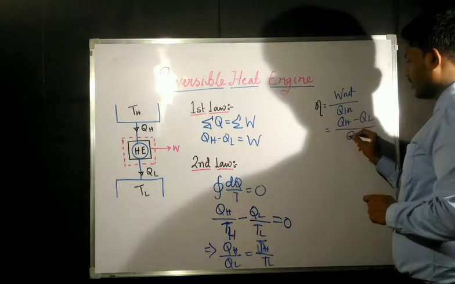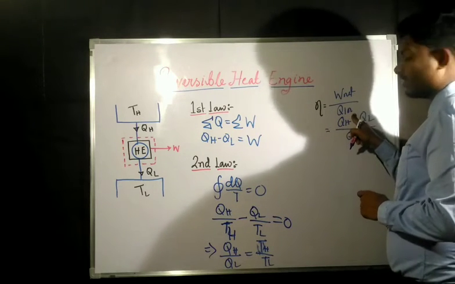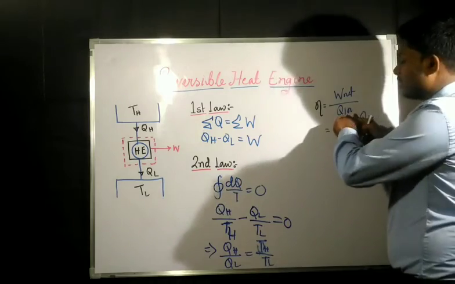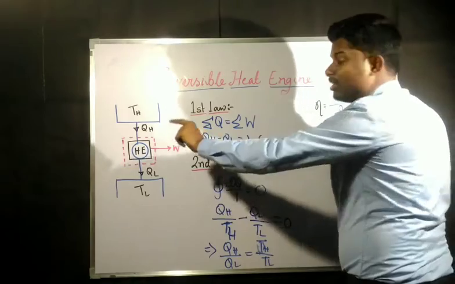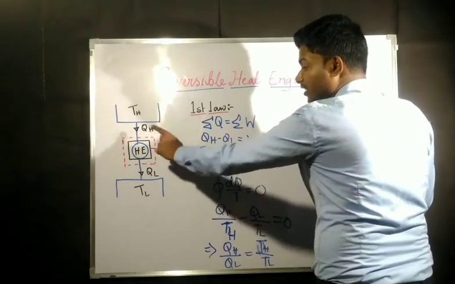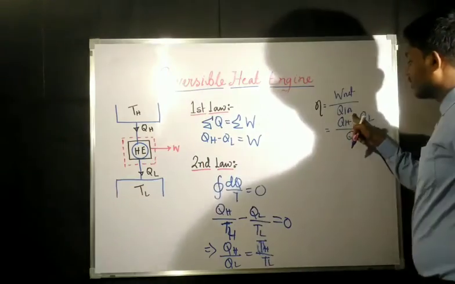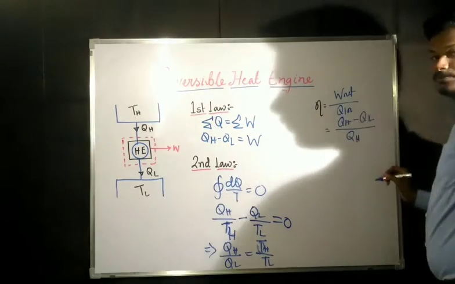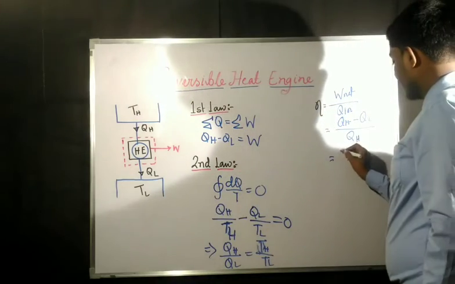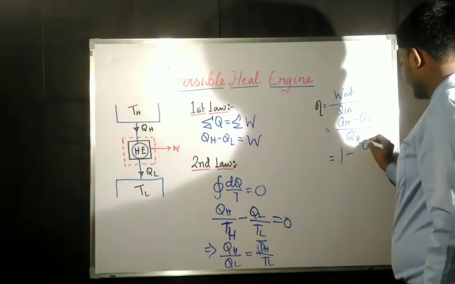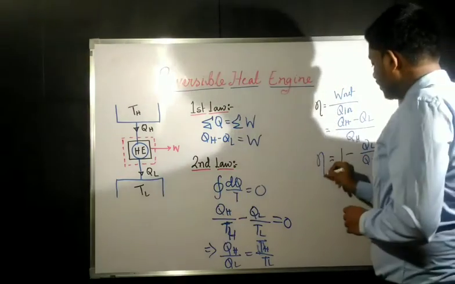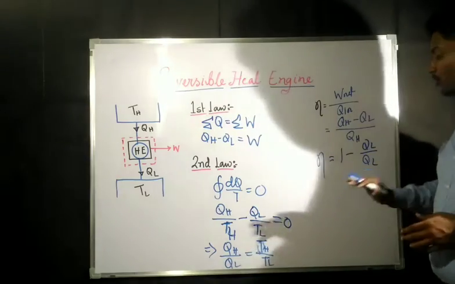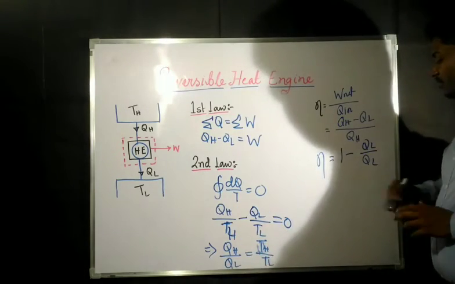Q in means whatever heat you are going to give to the system so that it can convert that heat to work. So Q in is going to be QH. Now we can write it like this: 1 minus QL by QH. So this is going to be the efficiency formula.